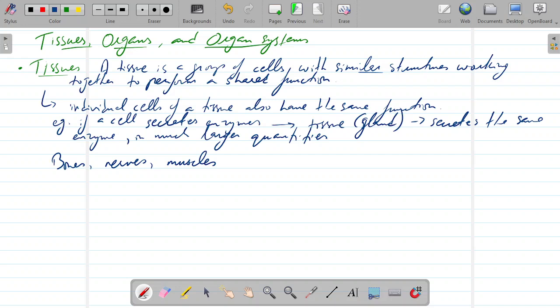We've got epithelial cells and tubes. So all of these are tissues. These are examples of tissues of animals. And then for plants, you've got the xylem vessel, for example.